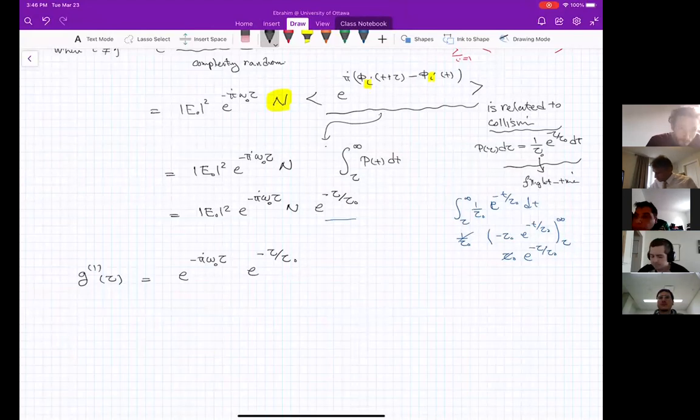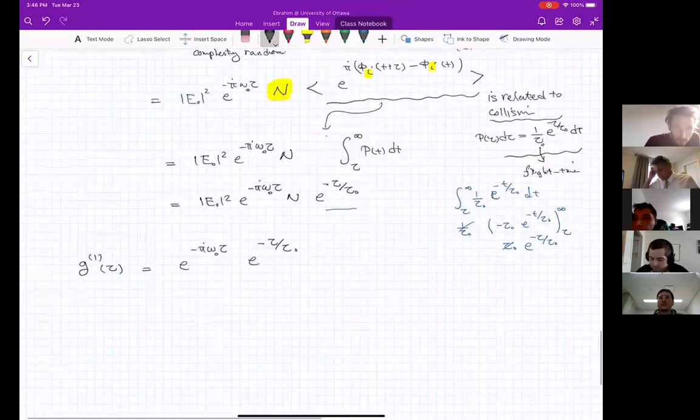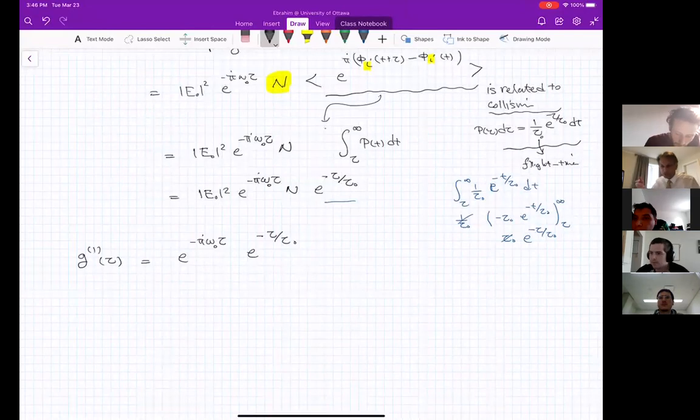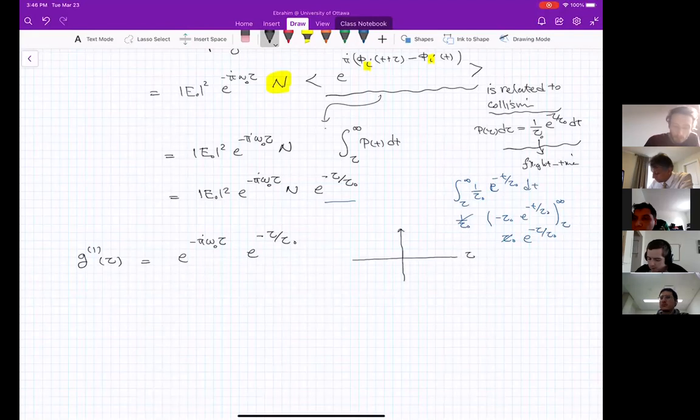So if I have to look at the real part of this or the imaginary part of this, because it's exponential of i omega 0, what you will get, indeed, if that is tau, and that is the quantity, then it starts from 1, right? It decays.